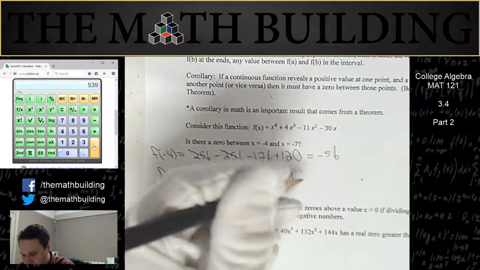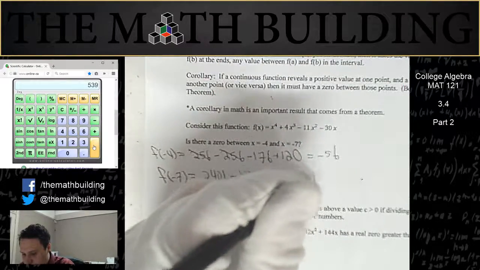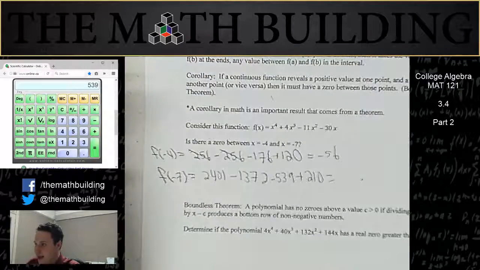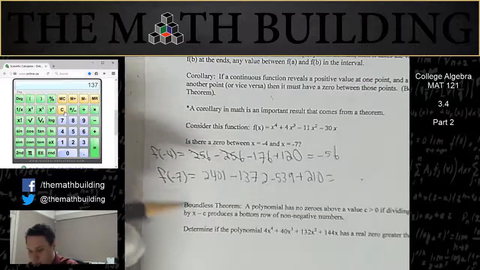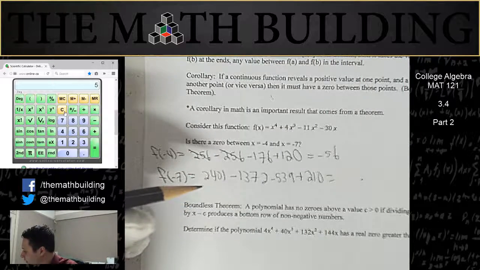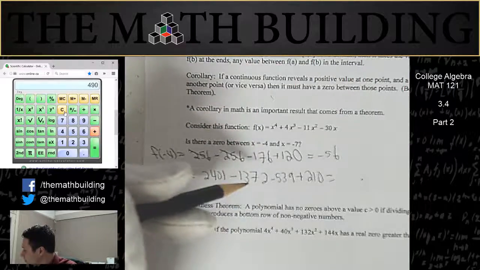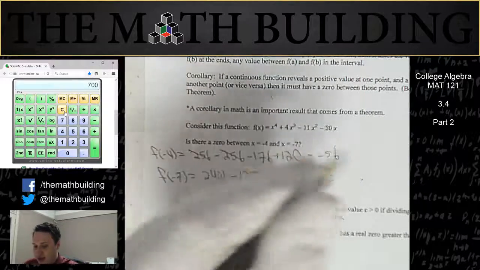And then 7 times 30 is 210, so that'll be +210. So let's add all that up: 2401 minus 1372 minus 539 plus 210, and we get 700.